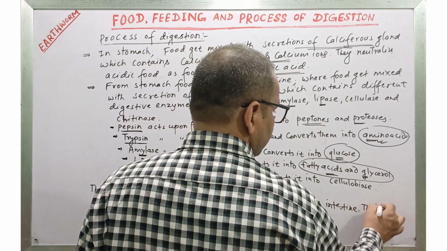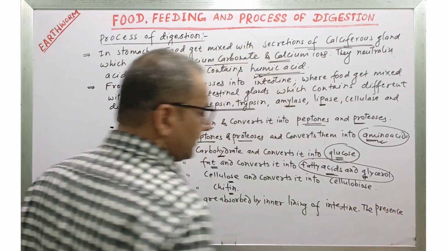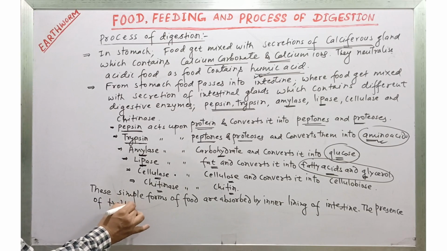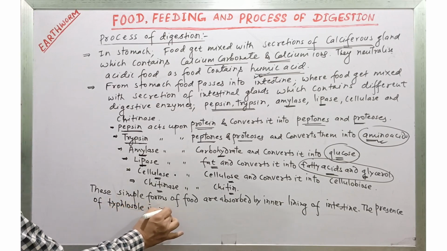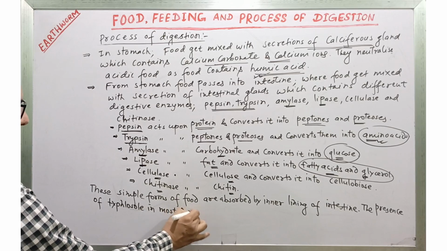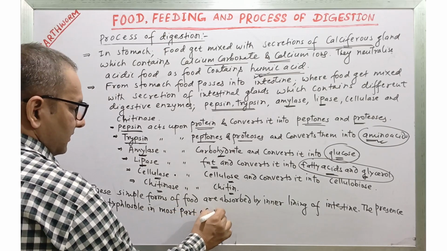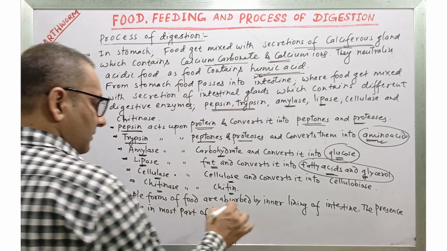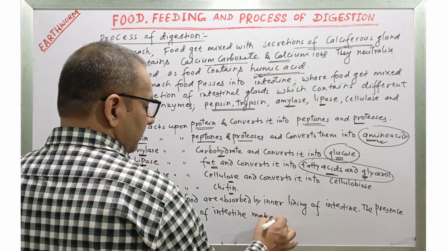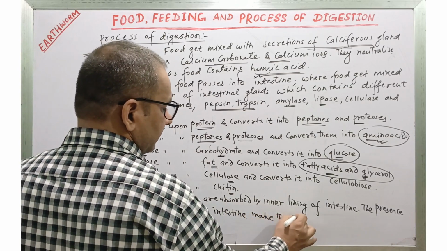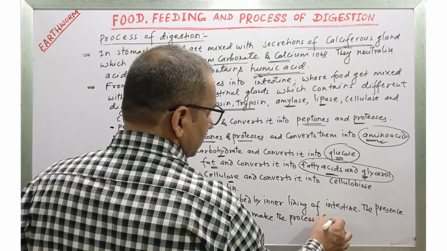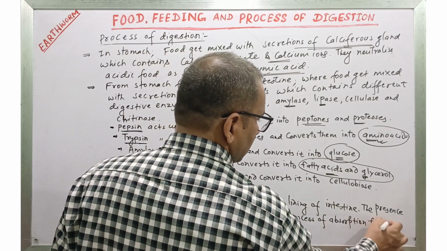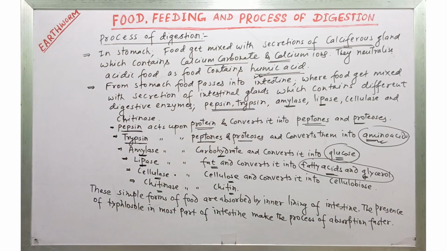The presence of typhlosole in most part of the intestine makes the process of absorption faster. So, this is about the absorption.